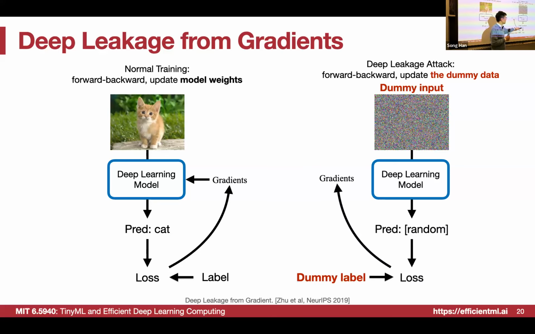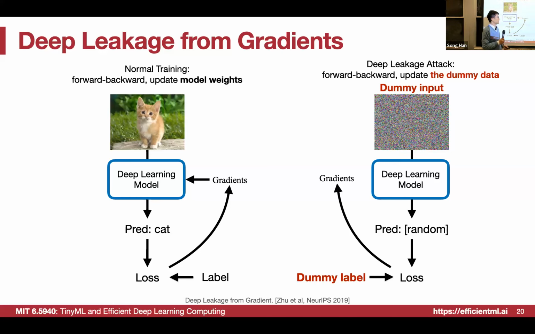Then we feed the dummy input into the model, produce a prediction, compare with the dummy label, and produce a loss. Using the loss, we can calculate the gradient for the weights.